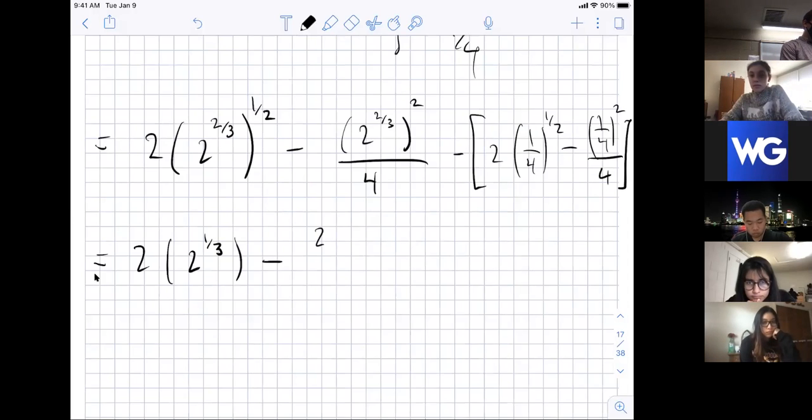Well, that's going to be 2 to the 4/3. And I divide that by 4. Okay, then minus the square root of 1/4. That's just 1/2. And so 2 times 1/2, that's just going to give me 1. That one's at least nice.